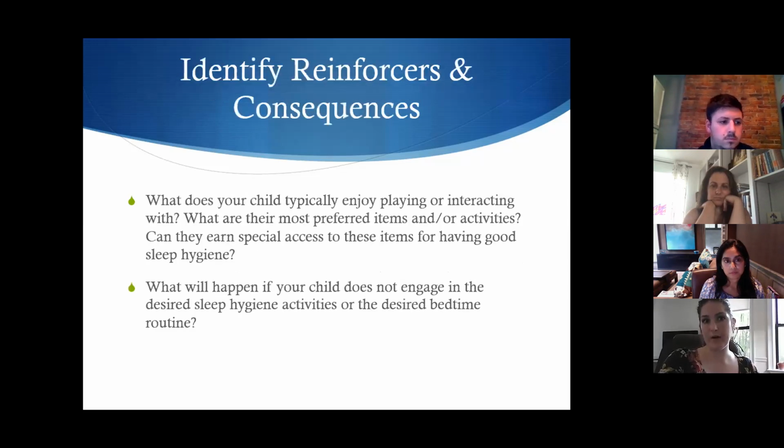As part of your intervention, you're going to want to identify reinforcers and consequences. So what exactly will they earn by following through with the desired behaviors, by staying in their bed all night or staying in their room all night, or even just sleeping throughout the night? Identify what they really like to play with.